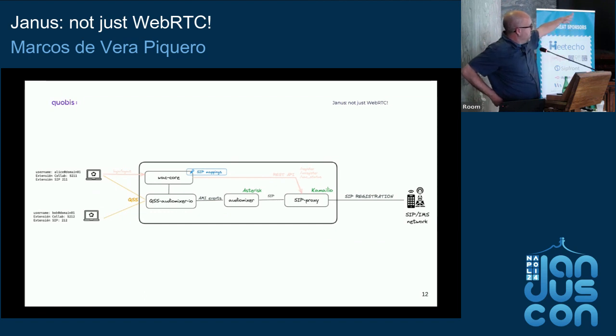We have our WebRTC users that register to the WebRTC core, and that blue box represents that we keep track of these mappings between the username, which may be Alice at domain 01, and the SIP extension, 211 for instance. Additionally, we may have the authentication data in that mapping. So on each login, we go to our SIP proxy to reflect that registration on the SIP network.